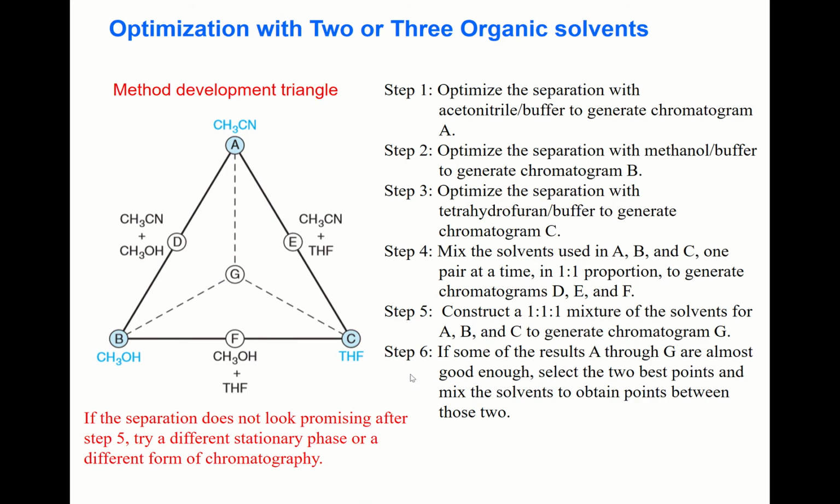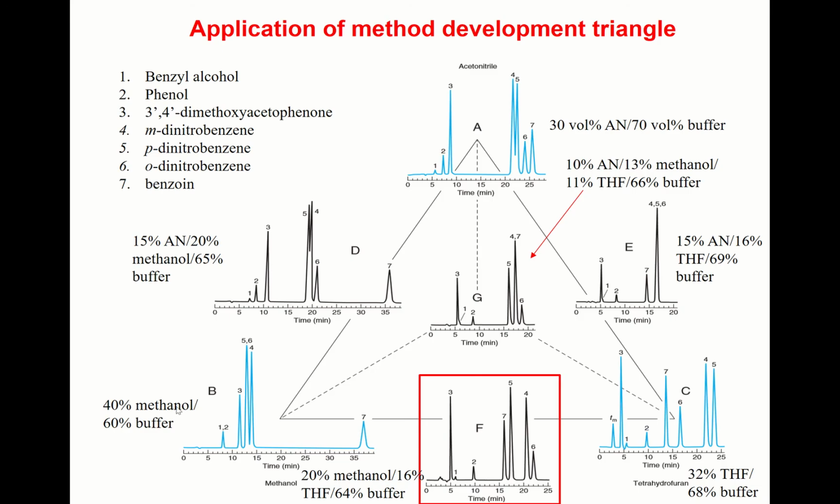Here the second step is to optimize the separation with methanol and buffer to generate chromatogram B. We do the same trial as in acetonitrile.